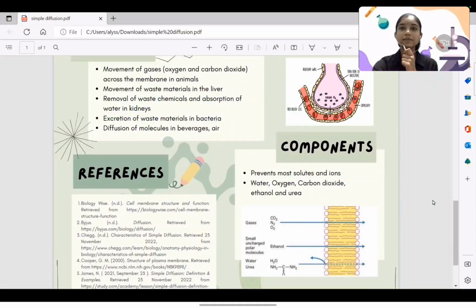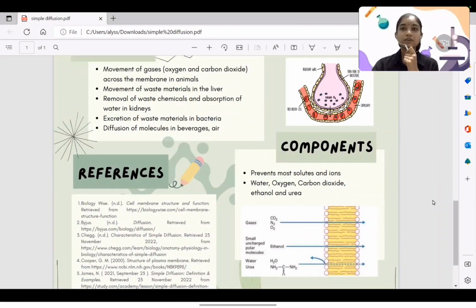In the liver, waste materials such as urea are excreted to the blood by the process of simple diffusion. Besides, the removal of waste chemicals and toxins and absorption of water also occurs via simple diffusion. On the other hand, prokaryotes like bacteria do not have a specialized mechanism for the movement of solutes throughout their body. Therefore, the excretion of waste material in bacteria is aided by simple diffusion through the cell membrane.